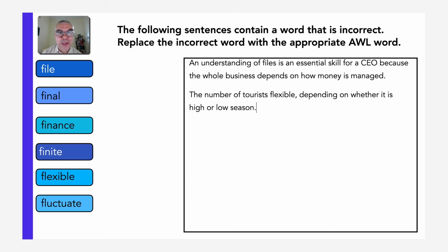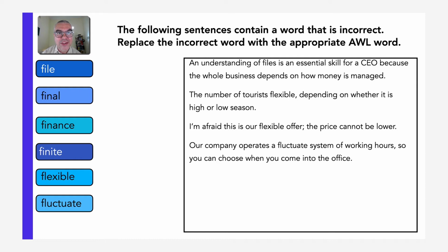Next one. The number of tourists flexible depending on whether it is high or low season. Number 3. I'm afraid this is our flexible offer. The price cannot be lower. Our company operates a fluctuate system of working hours, so you can choose when you come into the office.